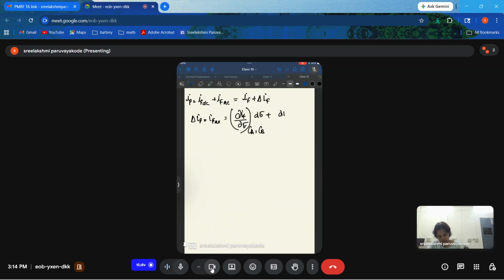So likewise, I can differentiate it with respect to all the variables. So this becomes equation number 1. This is important.